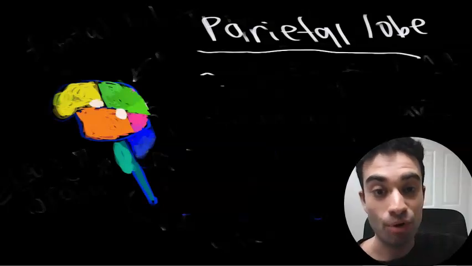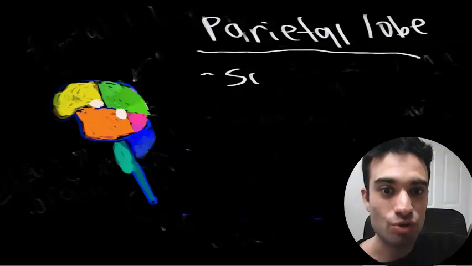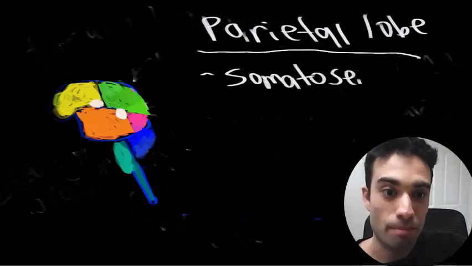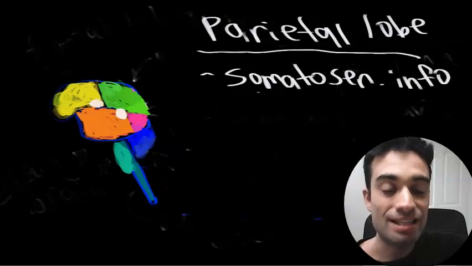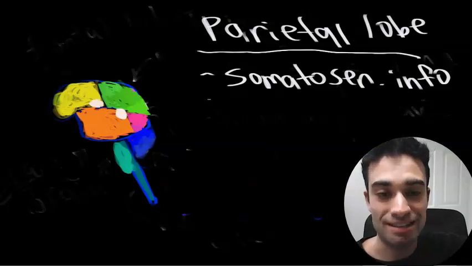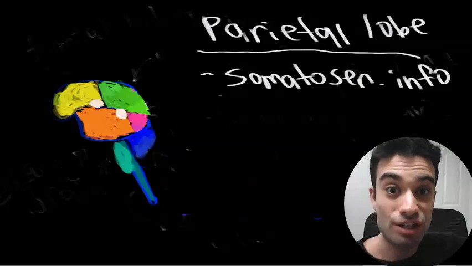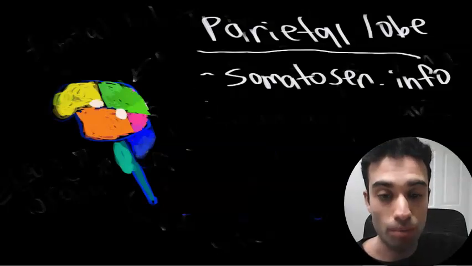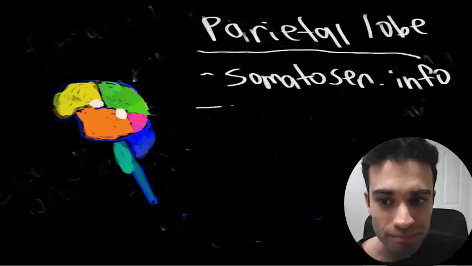It's very important for receiving somatosensory information. Things like touch. Sensory perception of all of your senses, except your special senses, are going to go to the parietal lobe. So things like touch, proprioception, vibration, pain, temperature are all going to go to this somatosensory cortex of the parietal lobe. So that's one of its functions.